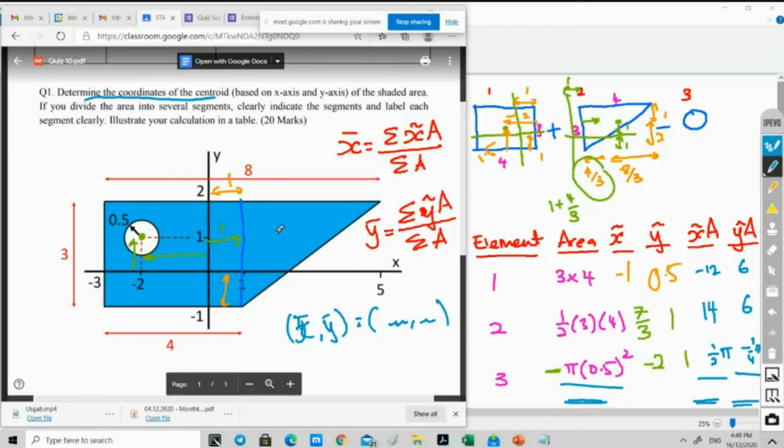Normally, it's a combination of these three shapes. Another thing that may be possible is a semicircle. But if one of those is given, normally you will be given the table to refer to. So make sure you understand how to refer to the table to find the centroid of shapes that are not as normal as these three basic shapes.